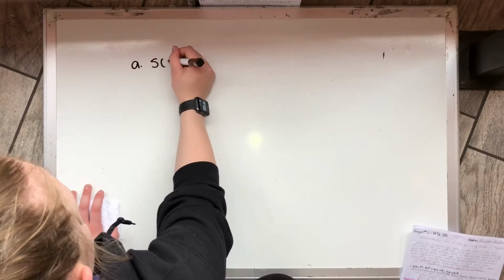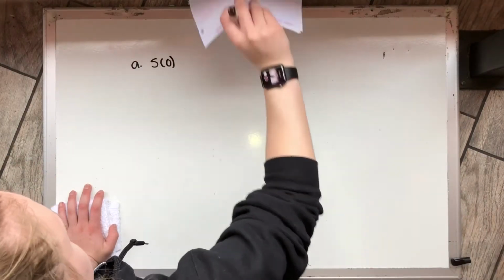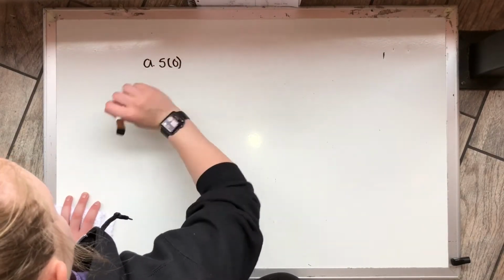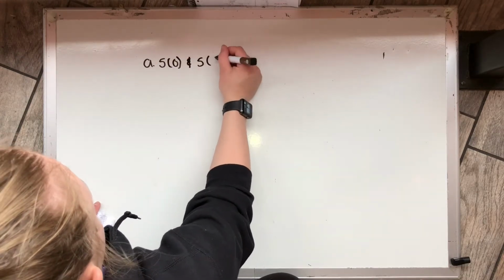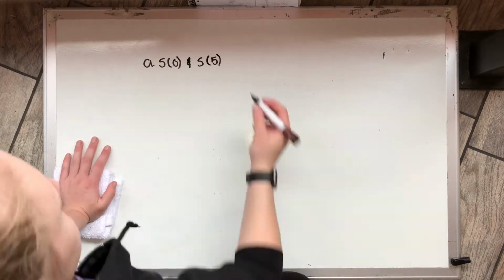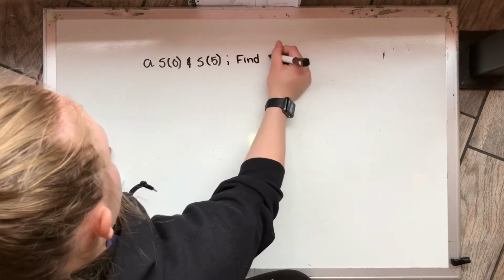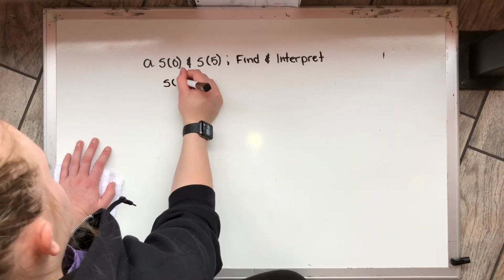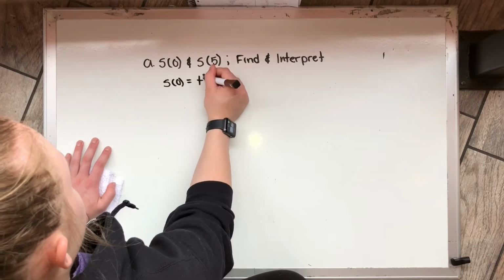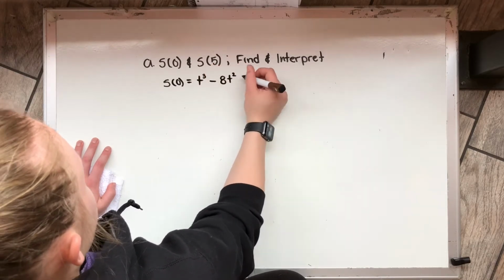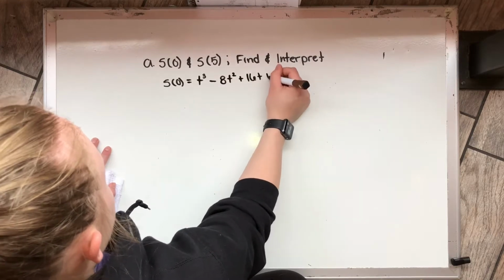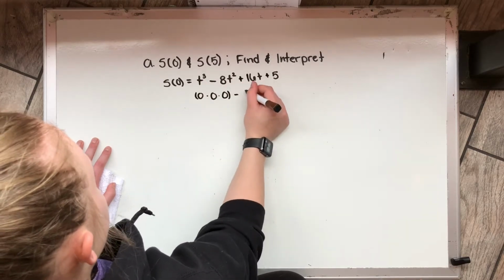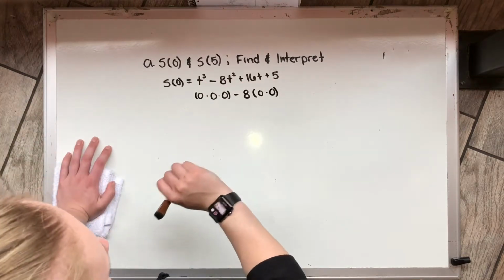So, question A, S(0) and S(5), we are going to plug that into the given equation in just a second. I will show those steps. So the first step is writing out the equation, and we are about to plug in 0 for each t.